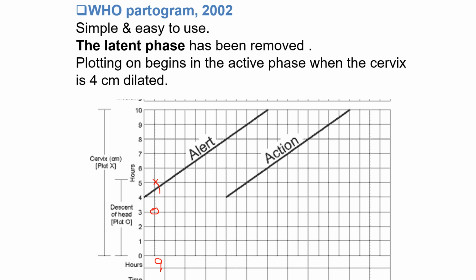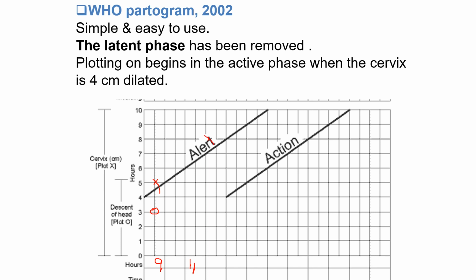And next again, if you are checking at 10 o'clock, or assume that you are checking at 11 o'clock. 9, 10, 11. Okay. You have to mark over here. Then 11. Assume that you got 8 centimeter dilatation of the cervix. You will be marking 8 centimeter here.